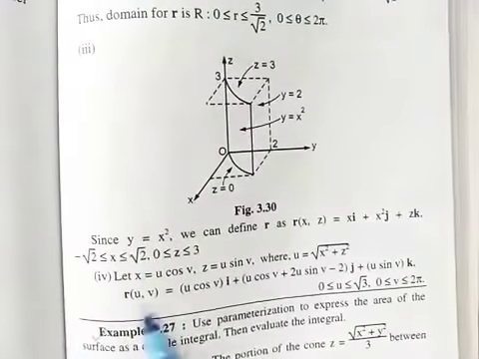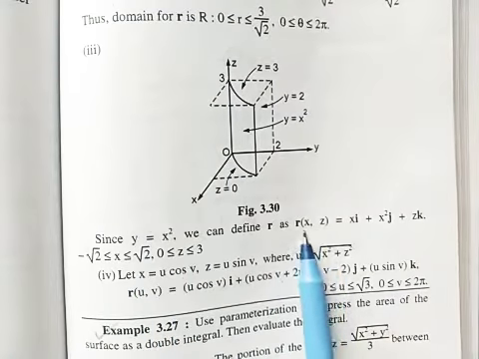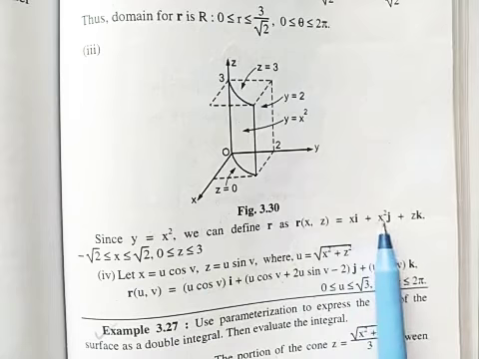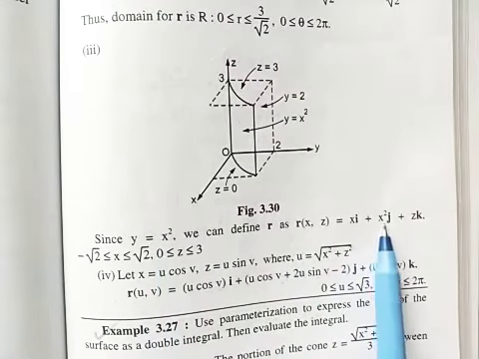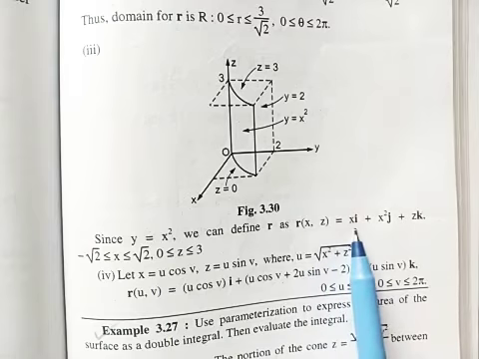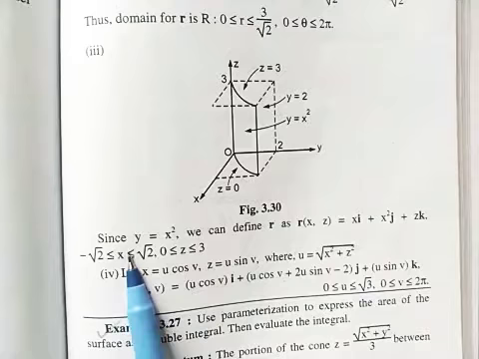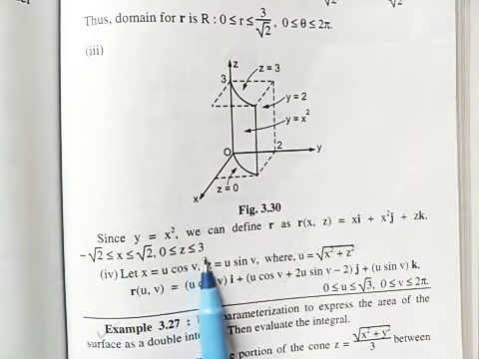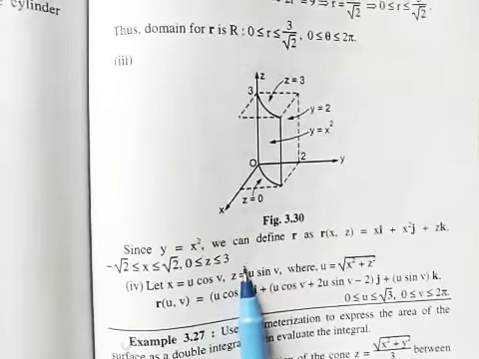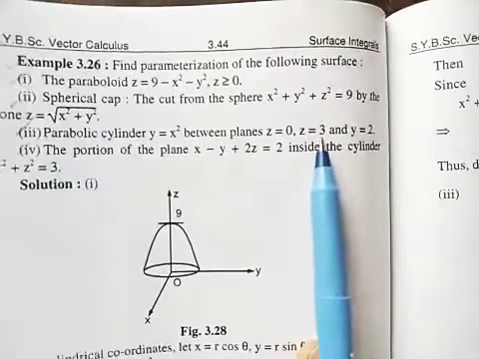So we can write the parameterization as, now y is equal to x square is given, so we can write the equation in the form of x and z, xi plus yj plus zk. Y is x square, so we are replacing y by x square here, so r(x, z) is xi plus x square j plus zk, where x is between minus root 2 to root 2 and z is between 0 to 3. Now in the question it is given z is between 0 to 3.